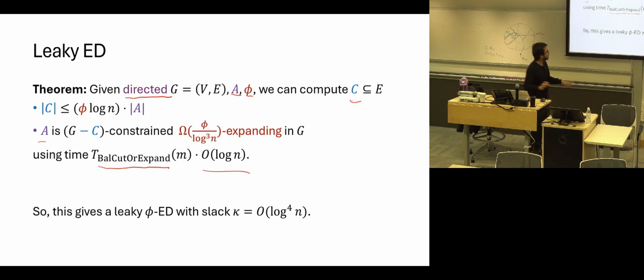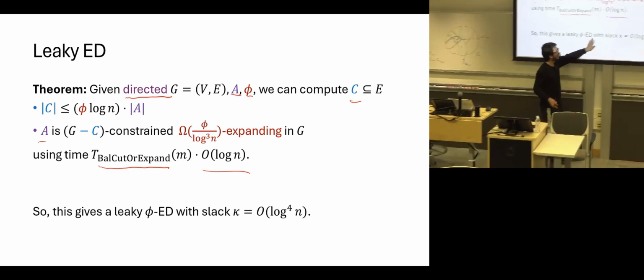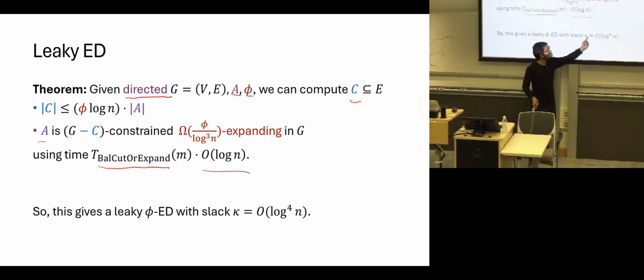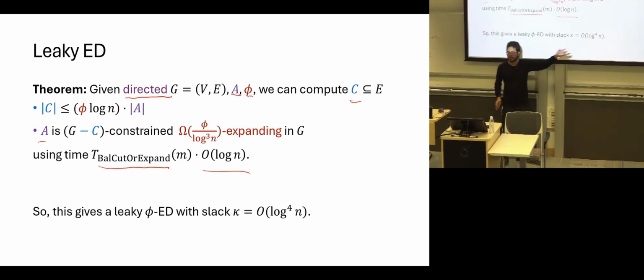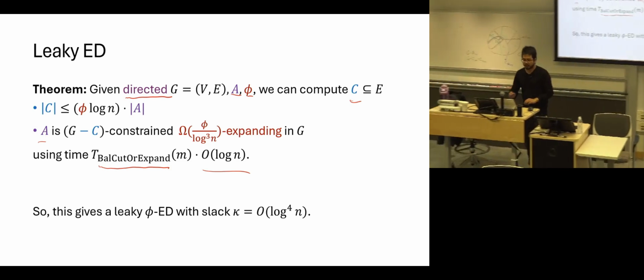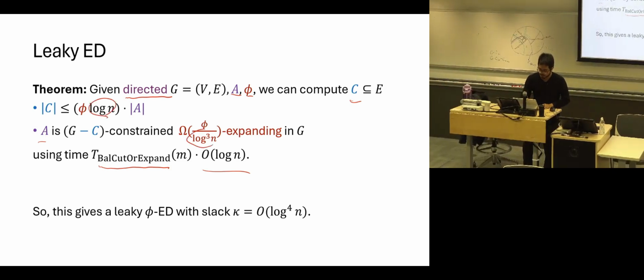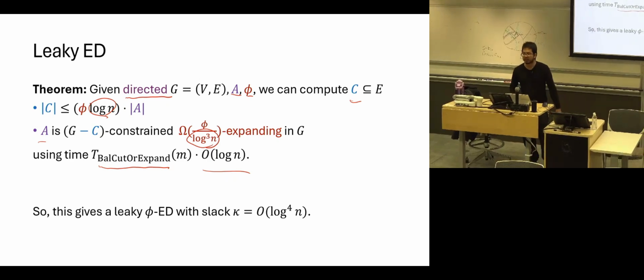So basically it gives leaky phi-ED with slack something like log to the fourth, because there's one log here and log cubed here. You can scale things so that this looks like phi and this looks like log to the 4th.